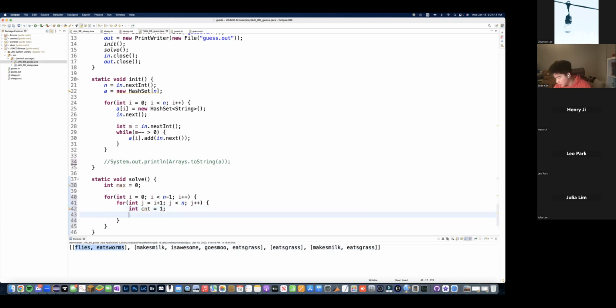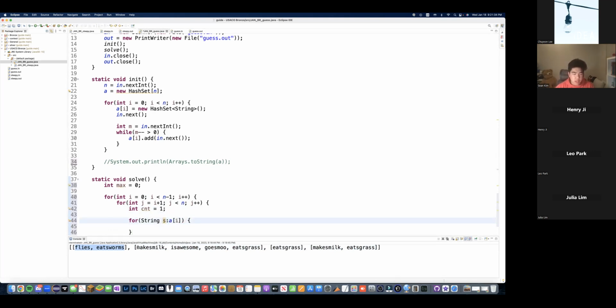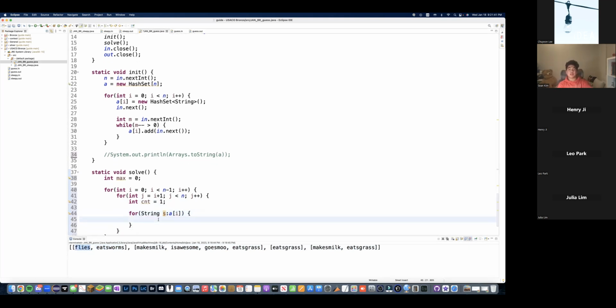So count starts at 1 no matter what. Then string s equals a at i. So s will hold each characteristic within a at i, which in this case happens to be flies or eats worms.